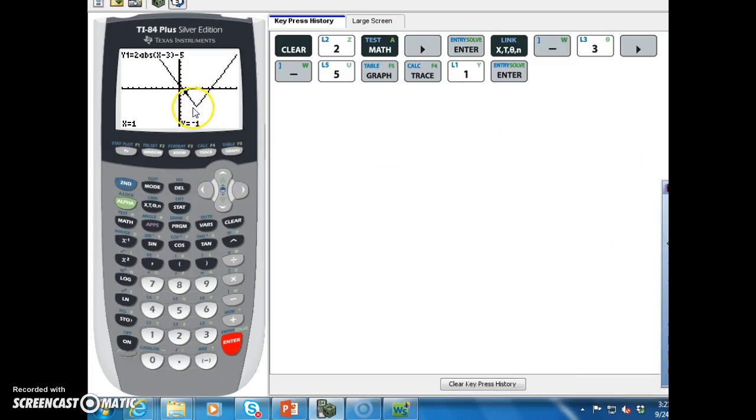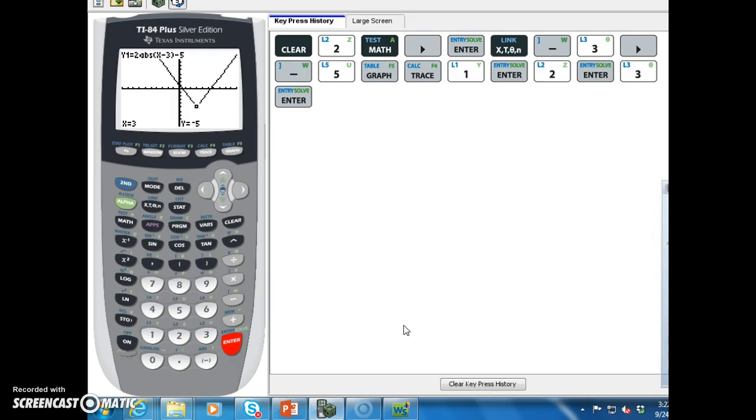The important point is where the V has like a vertex down here at the bottom. I haven't got there yet. That's a pretty critical point to get, so I'm going to keep going. 2, negative 3, 3. Oh, there it is. 3, negative 5.